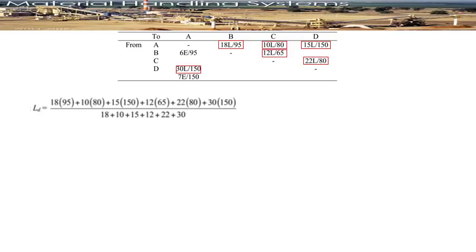So by adding all these values using this equation, we multiply first the 19L by 95, then the 10L by 80 plus the 15L by 150, the 12L by 65 plus 22L by 80 plus 30L by 150.